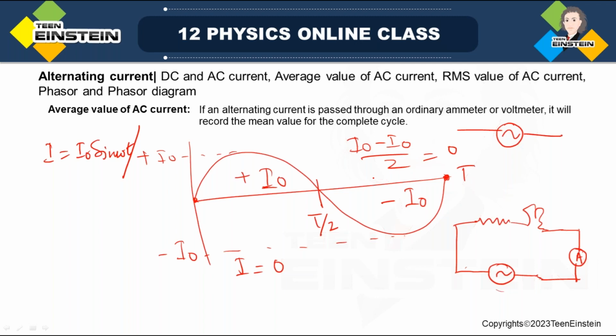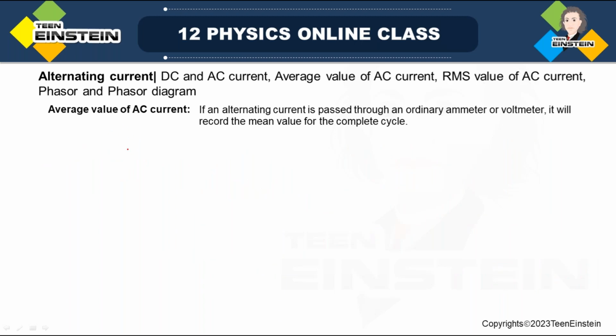Now let me tell you how it is happening. If I want to take the time average of an AC signal, AC current, so if an alternating current is passed through an ordinary ammeter or voltmeter, it will record the mean value for the complete cycle, and that will give you zero.